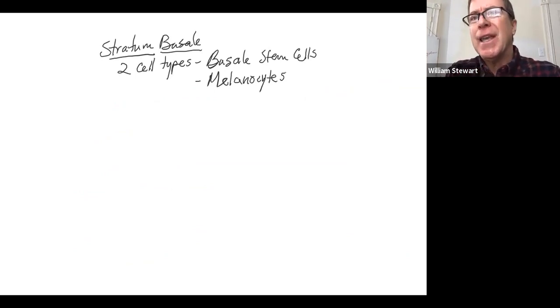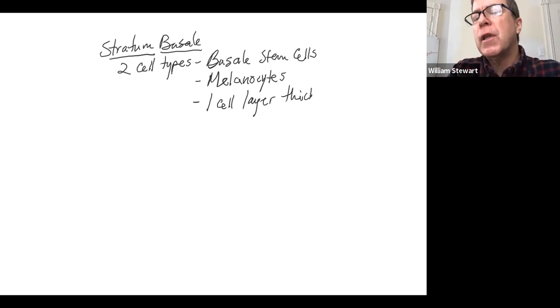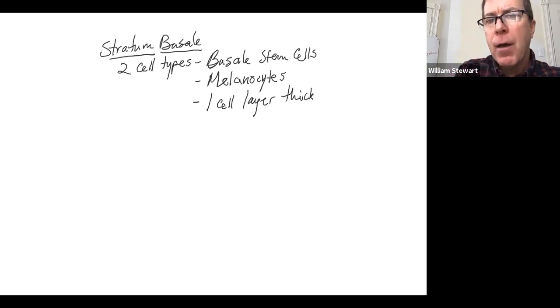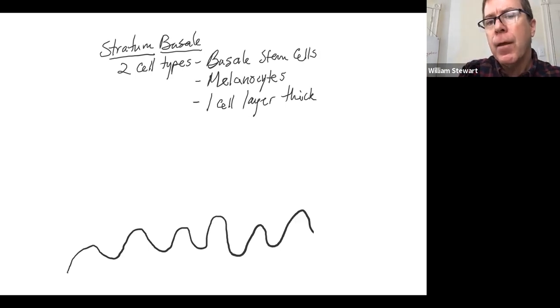So in this deepest layer of the epidermis, it's only about 1 cell layer thick. So it's really quite thin. Along that wavy layer down here, we have stem cells. I'm going to draw them open, sort of white colored.